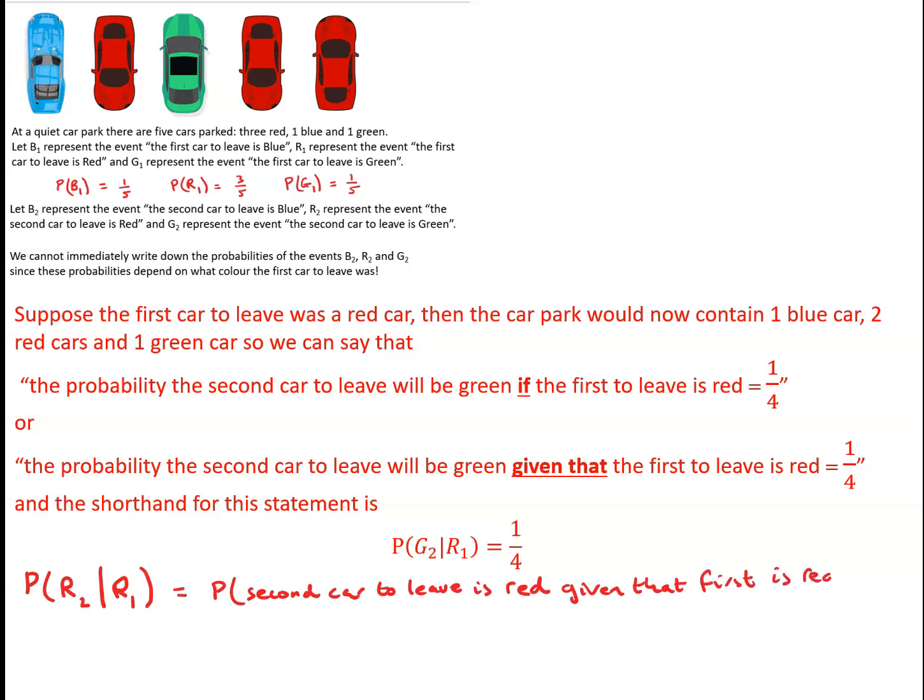Similarly, we could say that the probability that the second car to leave is red, given that the first car was red, will be 2 in 4, or a half. And the probability that the second car to leave is blue, given that the first one to leave was red, is 1 in 4.